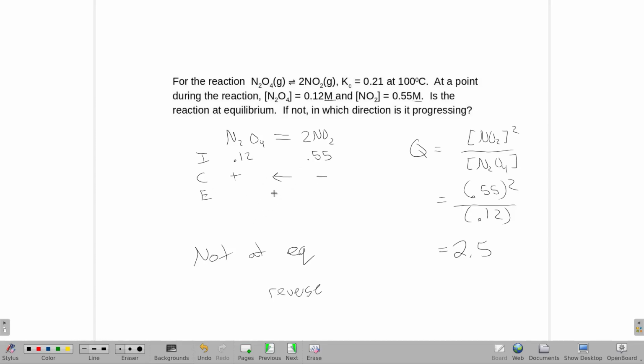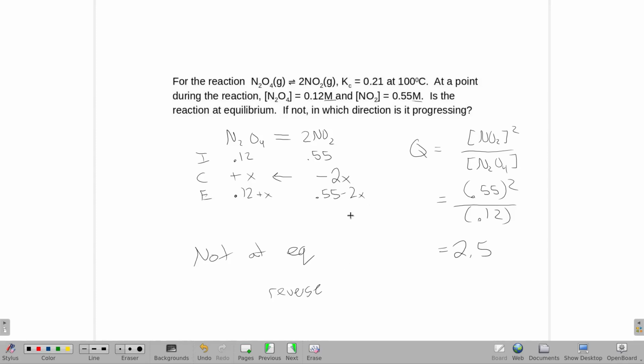We're going to actually use variables. We're going to say this is going to go up by amount x. And if this goes up by x, this must go down by twice that because it uses up 2 of these for every one of them. So at equilibrium, it's going to have that x added to it, and this is going to have an x added to it.